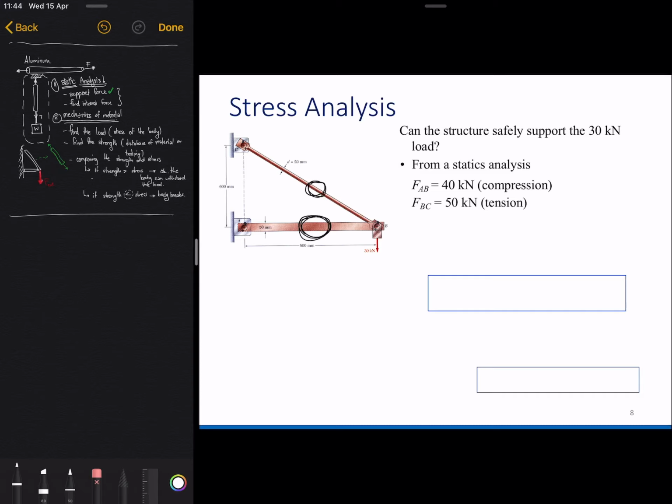Compression requires really high forces to break. So in this case, I would consider the tension first. It doesn't mean I don't care about compression, but first we have to look at the tension, because it's more severe.